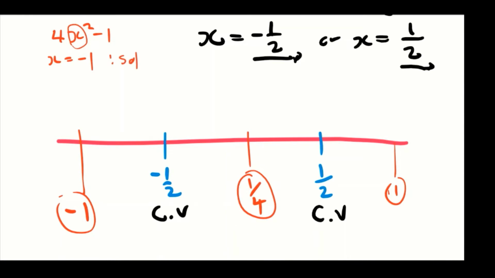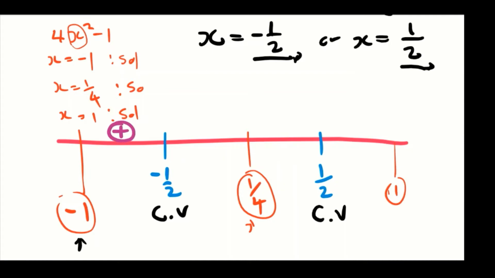And then you also test where x is equal to 1 over 4, and find the sign. And then when x is equal to 1, you find the solution, right? So what I found was when I substituted x equal to minus 1, I got a positive solution of y, right? So meaning that here it's going to be a positive solution of y.